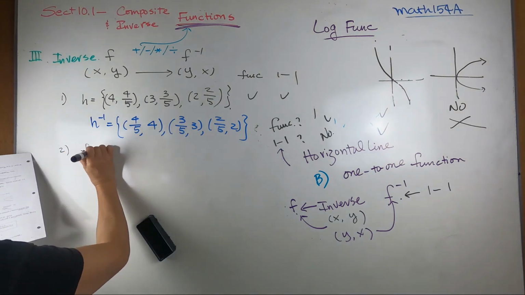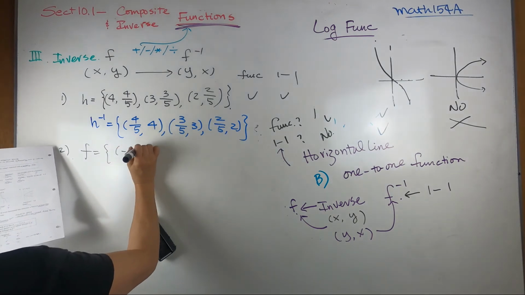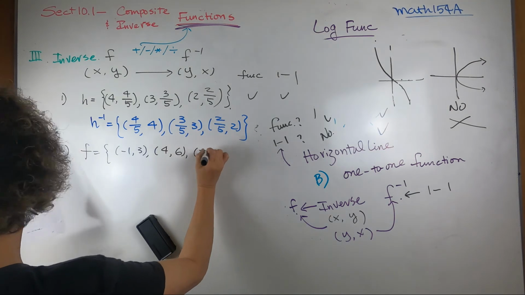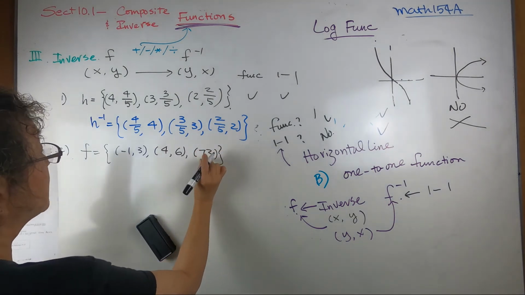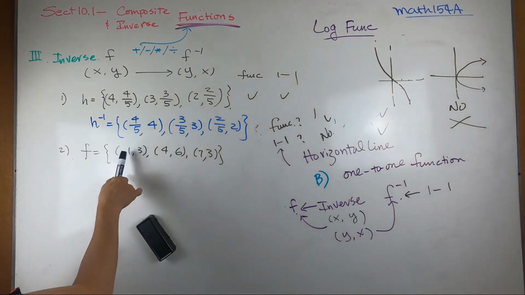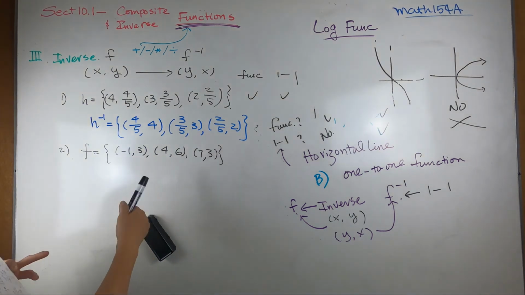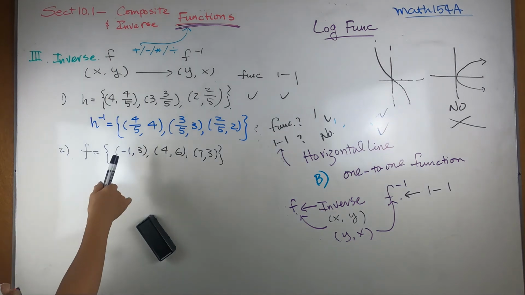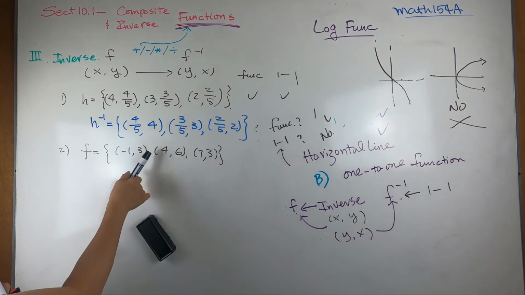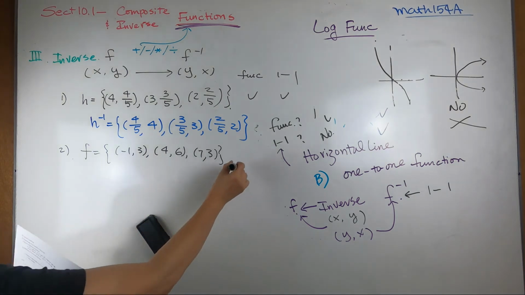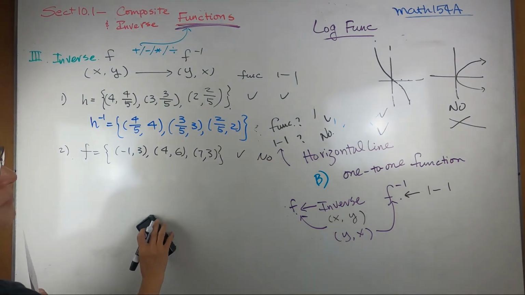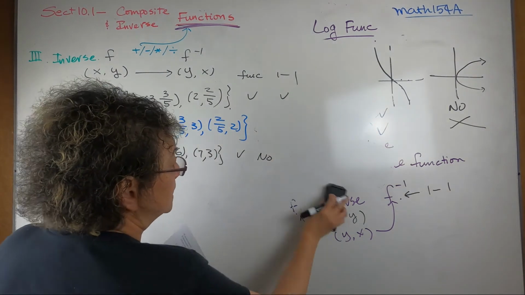And next one, if you have f equals this, negative 1, 3, 4, 6, and 7, 3. Okay, is this a function? Two numbers mapped to 1 is fine, right? But one number can only map to one number, not two numbers. So it is a function. Is this 1 to 1? No. Right?